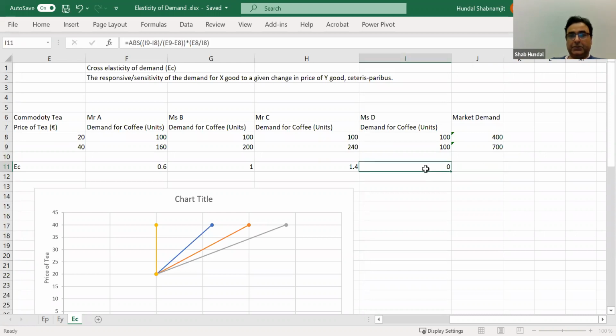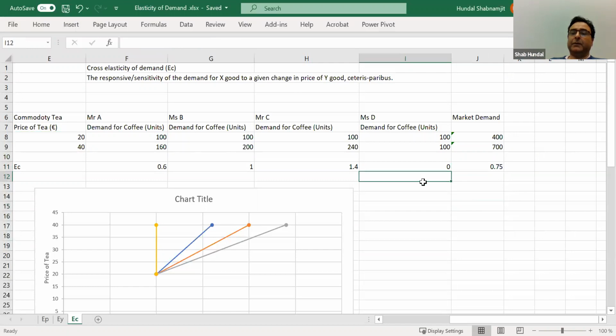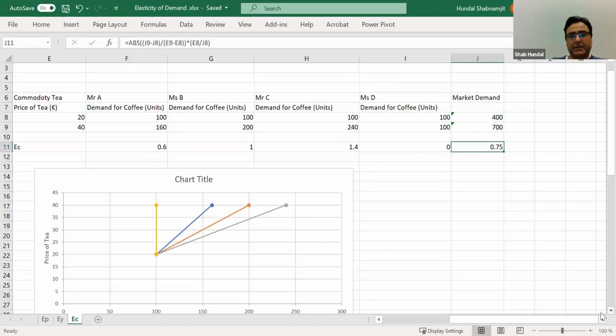This is nothing but the same formula. I extended the formula here, but I have to be slightly careful that this is not F but E, and this is also E, and this is also E. I tried to put the dollar sign, but somehow it came out in a strange way. So this is a 0.75 reaction. It means that if tea becomes expensive by 1%, then the demand for coffee will pick up in the overall market by 0.75%. So, well, it's fine. It's not too bad.